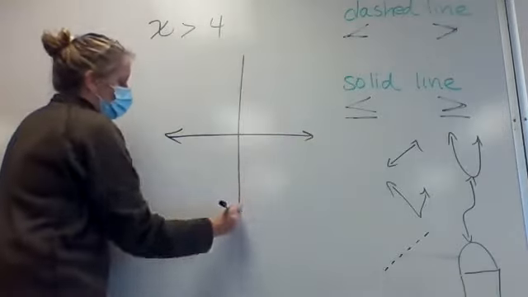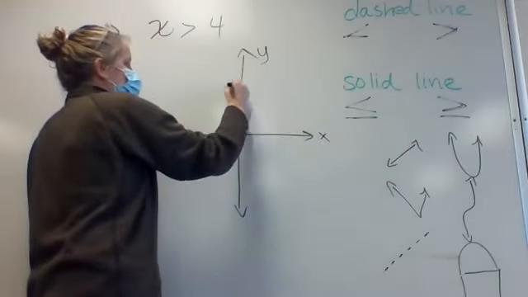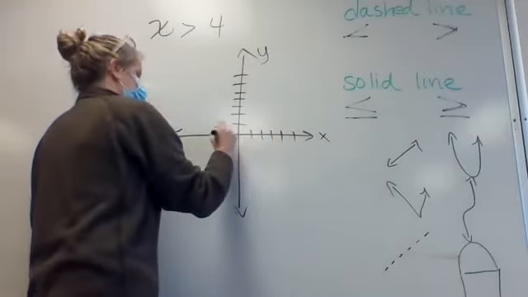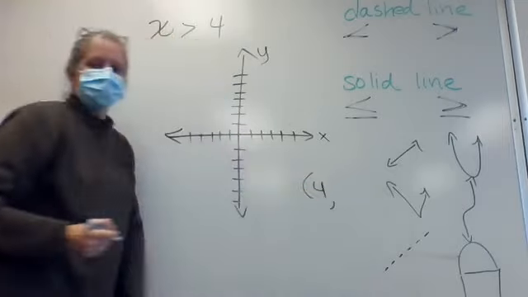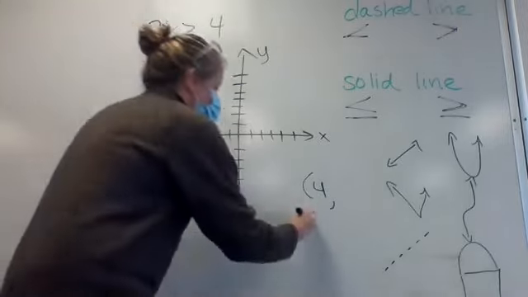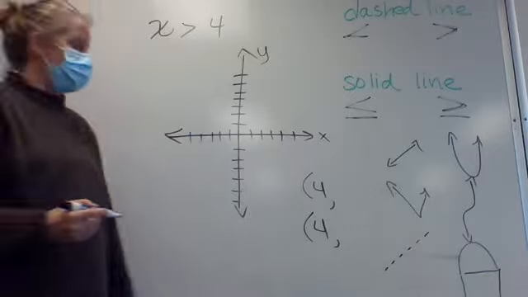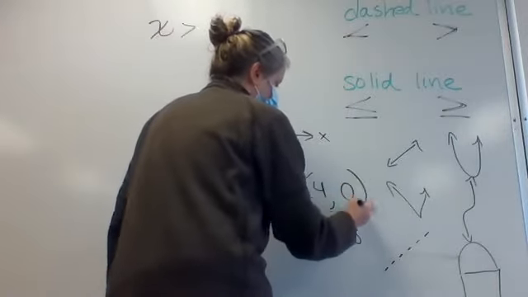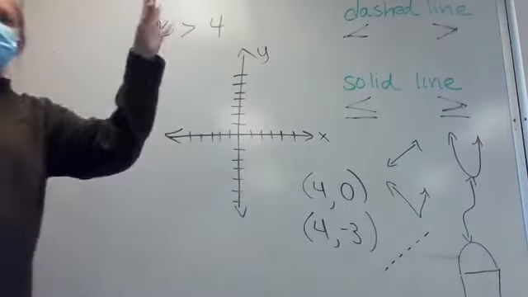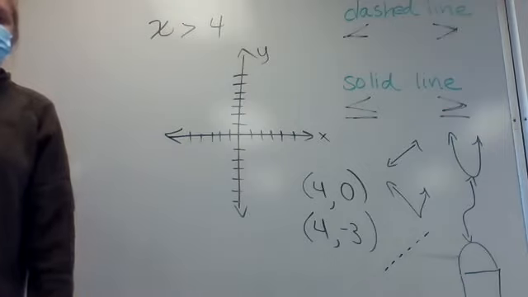If your x coordinate is 4, what does that mean about your point? Every single point, your x is going to need to be 4. Doesn't matter what the y is, the x has to be 4 to make this line.